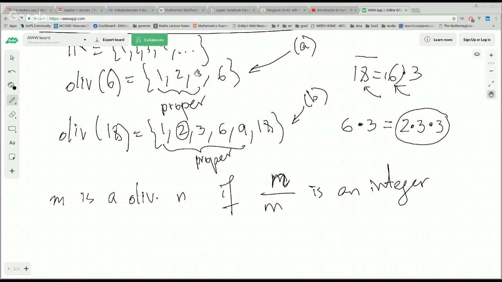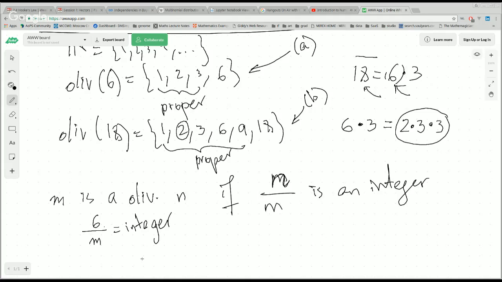Now, these are divisors of 6. What does that mean? That means that if I take 6 and I try to divide by any of these numbers, let's call them m, I get an integer. M is like a placeholder representing any one of these numbers.